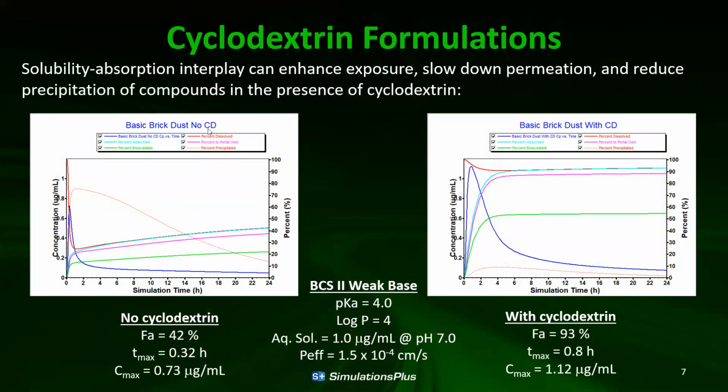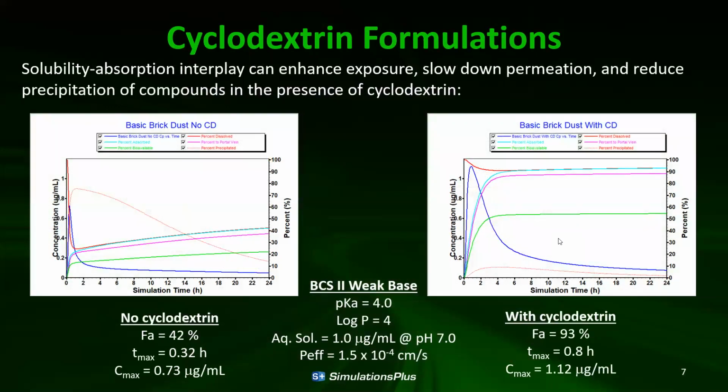No cyclodextrin with this simulation here. We have a fraction absorbed of 42%, a Tmax of 0.32 hours, and a Cmax of 0.73 microgram per mL. From the red curve, the percent dissolved, you can see we're 100% dissolved. We're dosing a solution here. There's precipitation up to almost 80% of the dose.